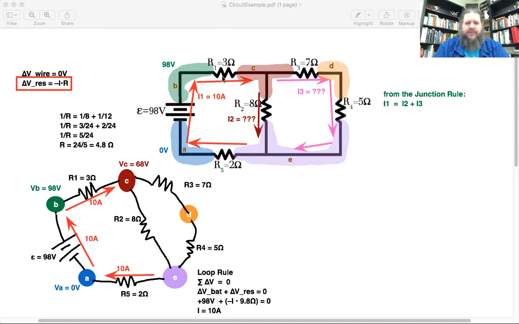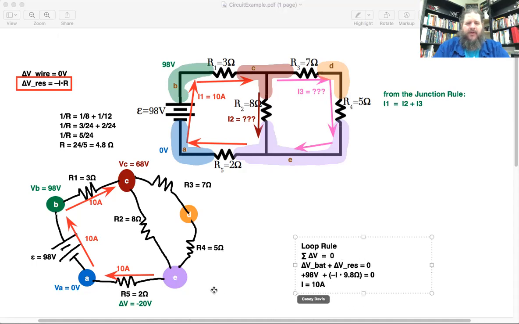Yeah, 20 volts. So on this resistor, delta V is negative 20 volts. We started at something at node E, we lose 20 volts, we end at 0. So what did the voltage at node E have to be to make that work? What do we have to start at so that we can lose 20 volts and end up at 0?